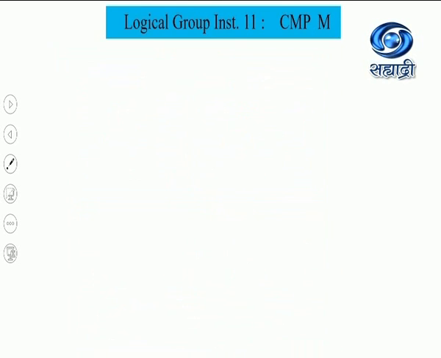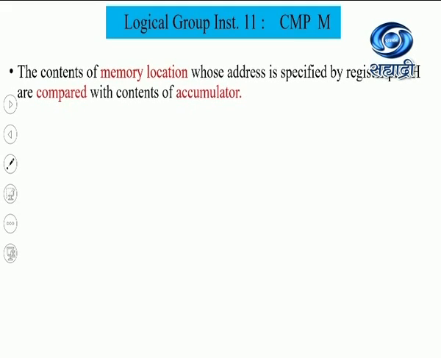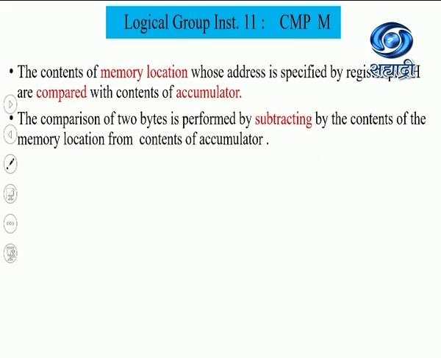Another variation of compare instruction. Here we are comparing data in accumulator with data in memory location whose address is in register pair HL. Here also the comparison of 2 bytes is performed by subtracting contents of memory location from contents of accumulator.